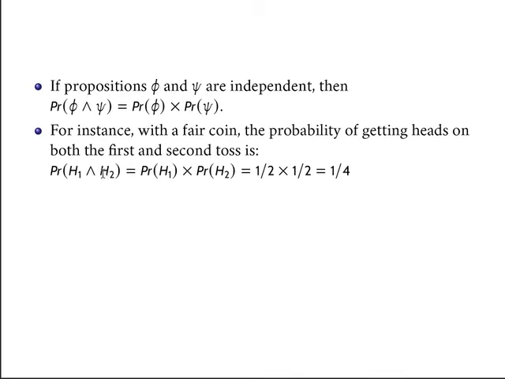So that is to say that whether you get heads on the first toss is independent of whether you get heads on the second. So therefore, the probability of heads on the first toss and heads on the second toss is simply the probability of heads on the first toss times the probability of heads on the second toss, which is their individual probabilities, because each of heads and tails is equally likely, so you have 1/2 chance of heads on the first toss and then 1/2 chance of heads on the second toss, and so 1/2 times 1/2 equals 1/4.